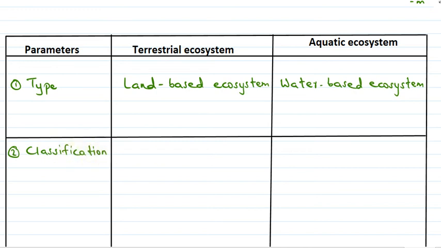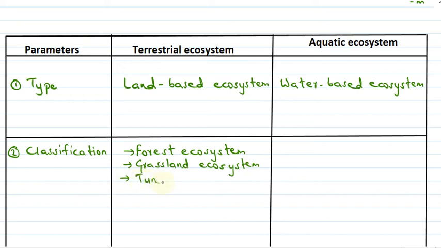Okay. Then we will see how these two ecosystems can be classified. So we'll talk about the classification. The terrestrial ecosystem can be further classified as forest ecosystem. Then there are grasslands, so grassland ecosystem. Then tundra ecosystem. Then we can say desert ecosystem.